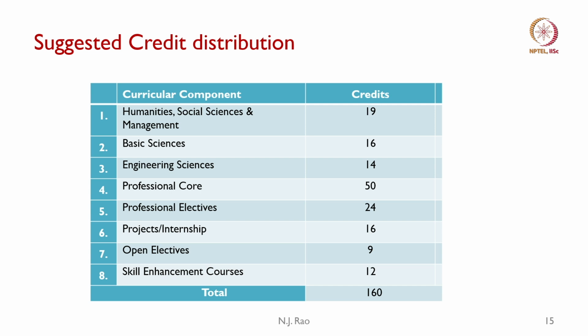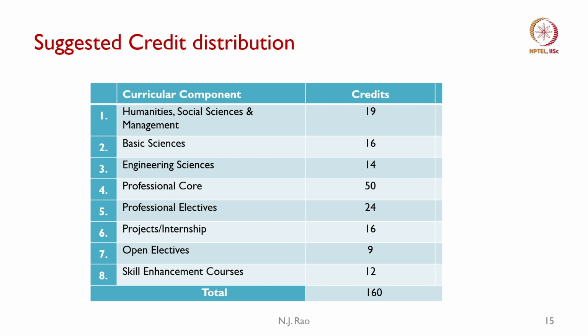Humanities, Social Sciences and Management, 19 credits. Basic Sciences, 16 credits. This many people won't like. Engineering Sciences, 14 credits. Professional Core, 50 credits. Even though you consider this less, already many colleges have shifted to 50 credit Professional Core.